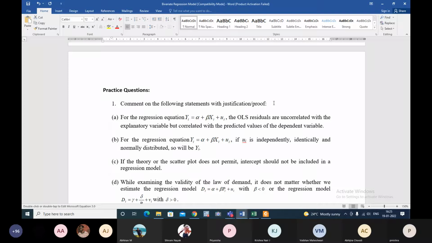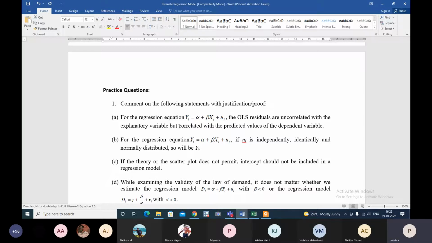Because the statement's first part is true, but the second part is not. While answering this question, you will have to derive the covariance between x and u hat I. That will be 0. And also you need to derive the covariance between y hat I and u hat I. And again, that will also be equal to 0.